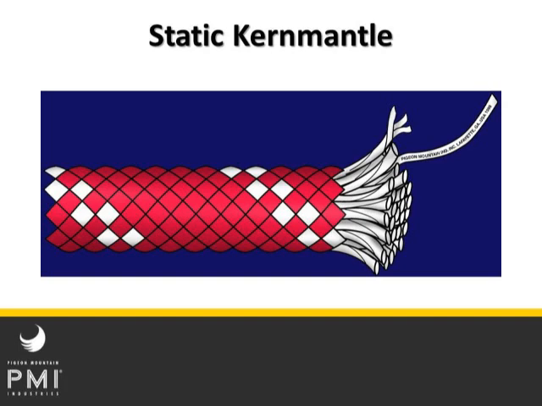Most of the elongation in the typical static kernmantel design comes from the yarn itself and not from the mechanical property of the yarn. It only has enough twist in it to hold the yarns together and control the yarn while we manufacture it.